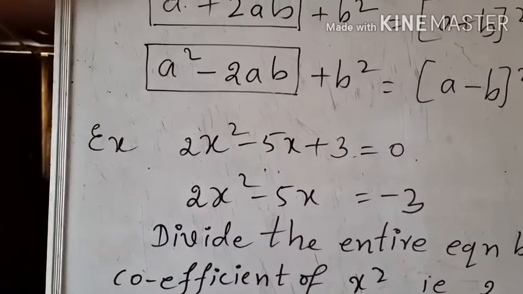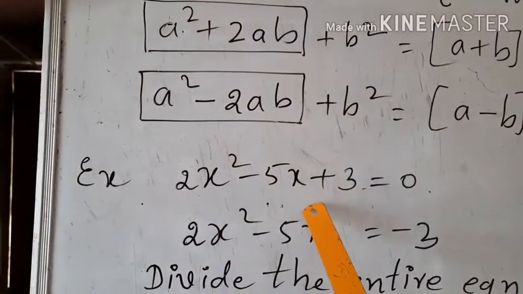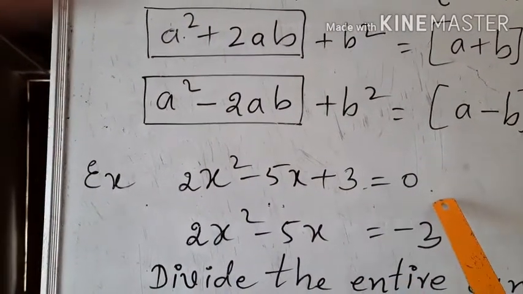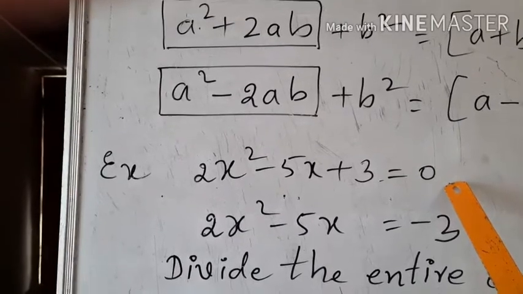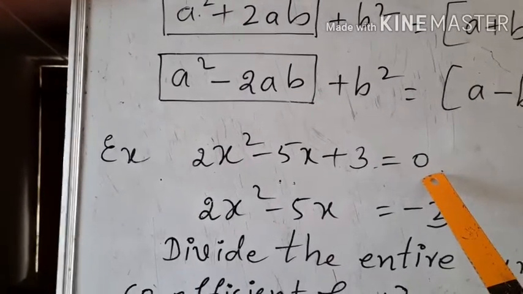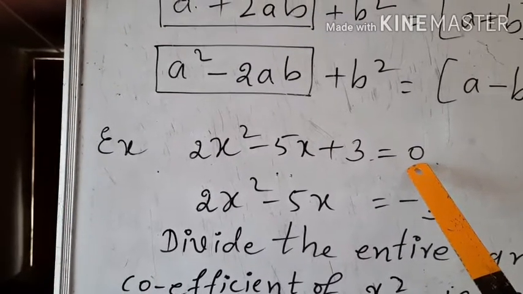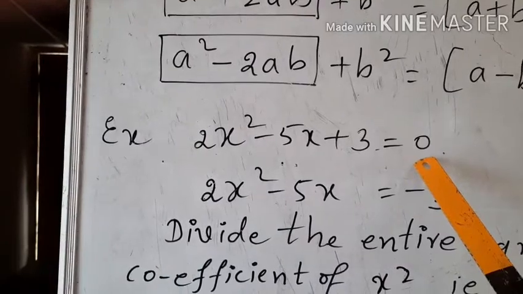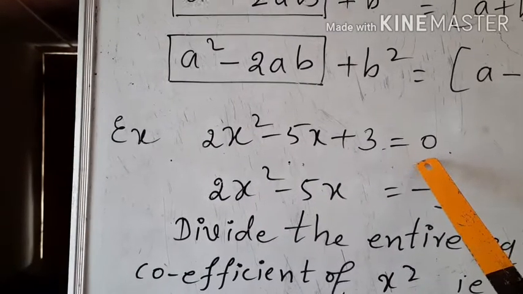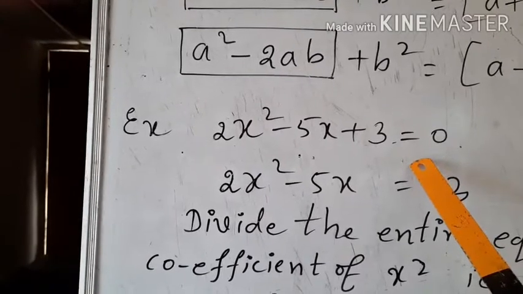To start with, let us take an example. 2x square minus 5x plus 3 is equal to 0. We would like to find its roots by the method of completing the square. But how will we solve and find the roots of this equation by the completing the square method?